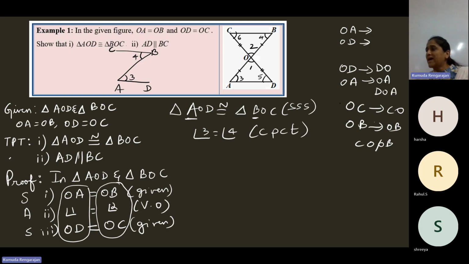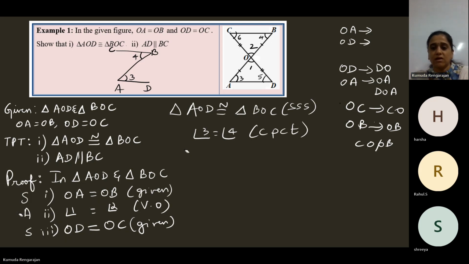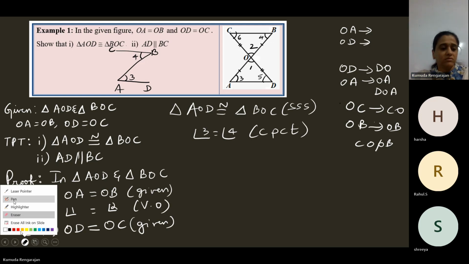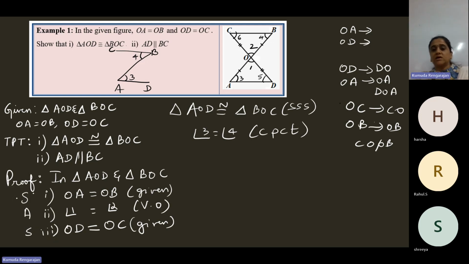Matching angles of the matching parts of the two triangles, of the two congruent triangles. Okay, so in that sense, corresponding. So angle 3 is equal to angle 4. Corresponding parts of congruent triangles are congruent, they're equal. So CPCT. But see, we got the result angle 3 is equal to angle 4.